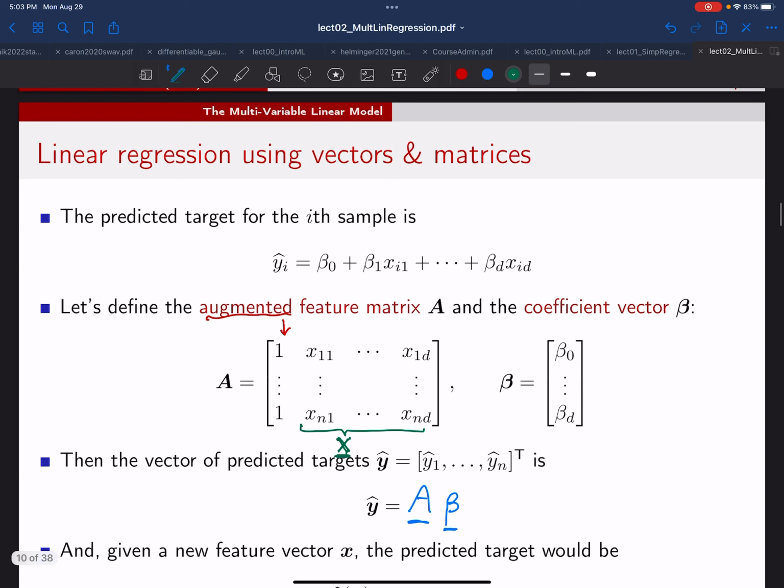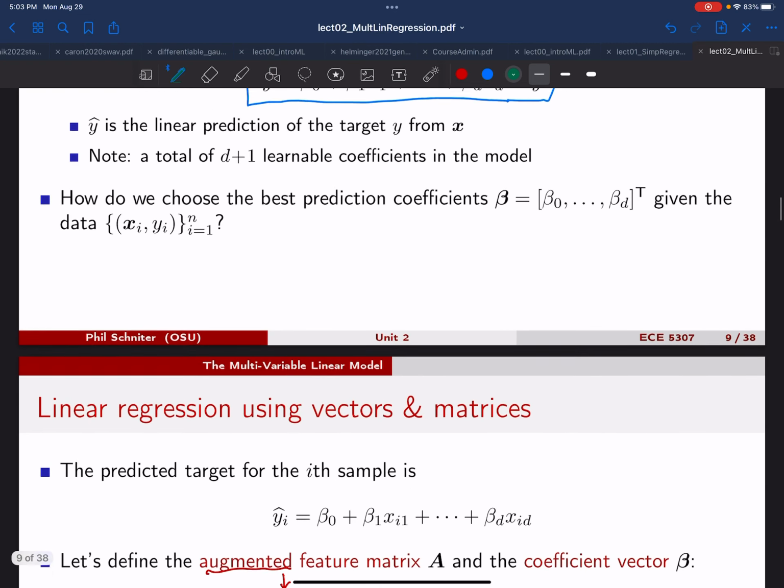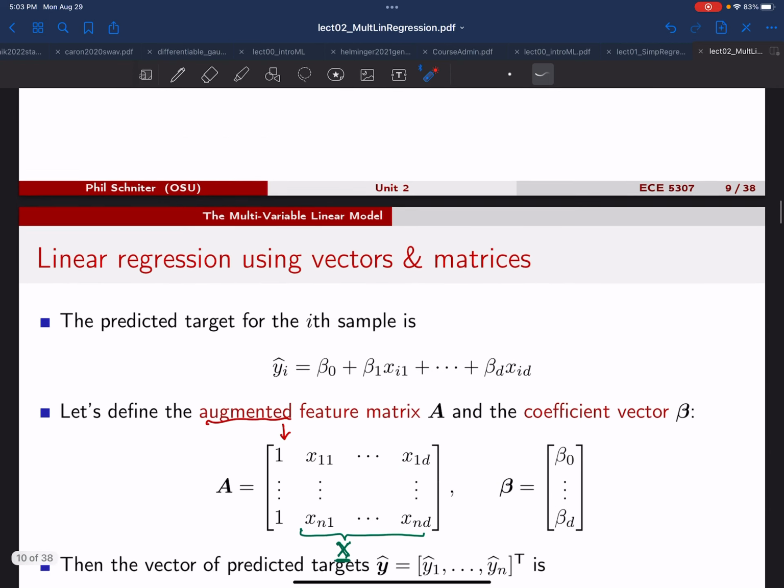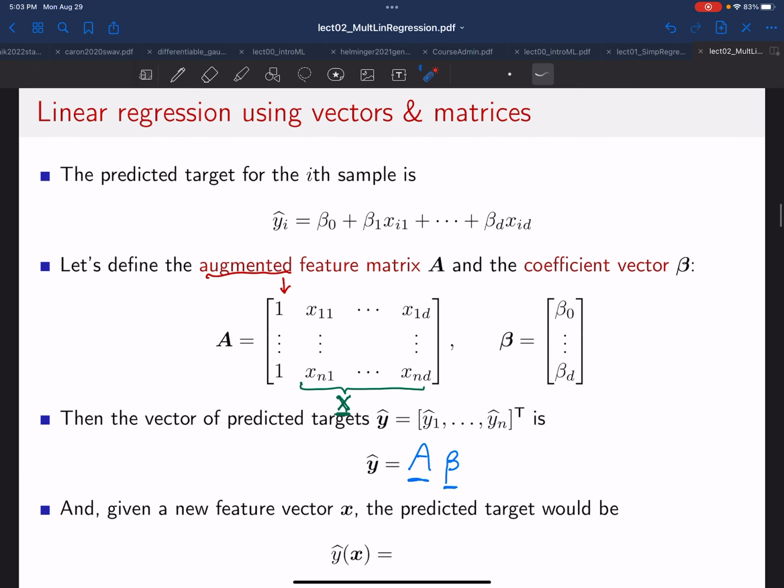Okay. So rather than writing things like this, which is kind of tedious because there's all these different X's, I want to write things, actually this is what I'm writing now. So I'm writing the prediction for the ith data sample as beta 0 plus all these other betas times their respective features.